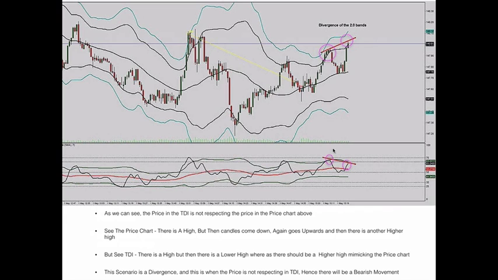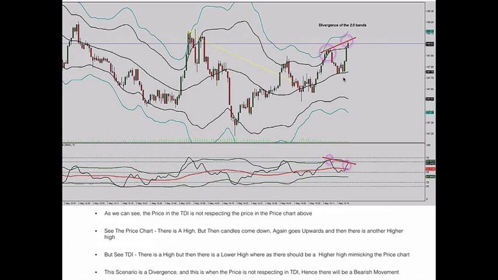It should be above this, right? But it is not. So that means the TDI is not respecting the price in the price chart above. I hope you are understanding, and that is why I am telling you, you will have to watch these videos over and over again if you're not understanding it the first time. But I think this is pretty easy, so I don't think you should be having any problem.